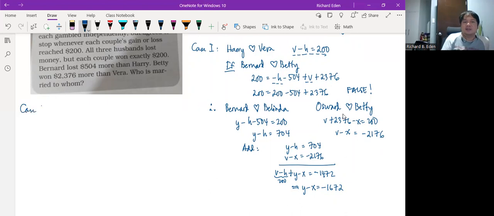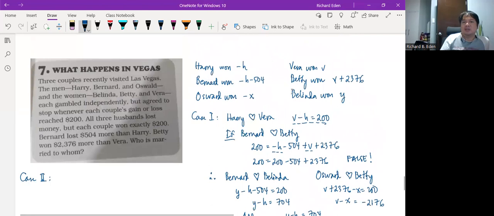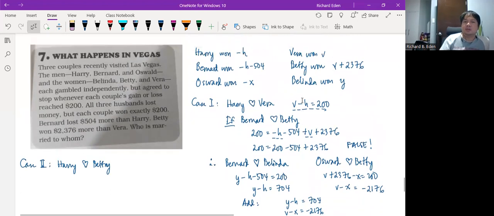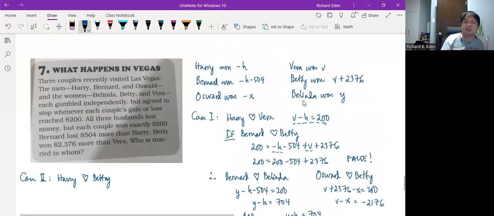Let's see, case number two. Let's see if we can eliminate something. Suppose it's Harry and Betty. So then in that case, negative h plus v plus 2376 equals 200.